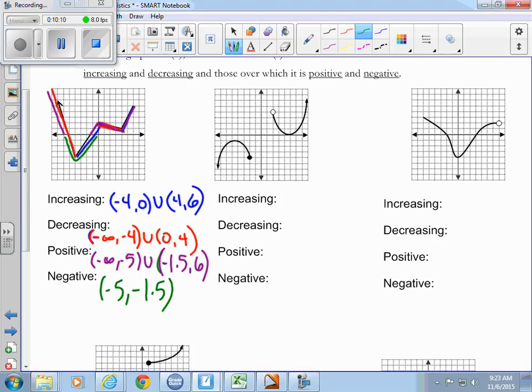Okay, increasing. I'm going to read from left to right. So where am I increasing? Negative infinity to wherever this maximum is. Looks like maybe at 4.5.